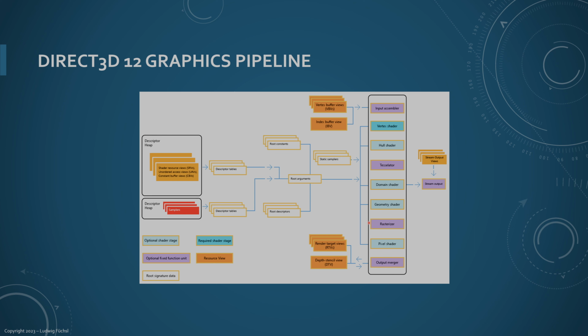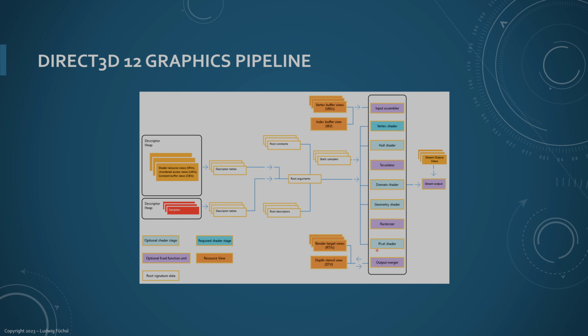The rasterizer is checking coverage and determining which pixels are affected by the geometry. And the pixel shader then takes these pixels, provides them with a color value, passes them to the output merger that does then some depth testing, stencil testing, and some blending to combine them properly to the render target.